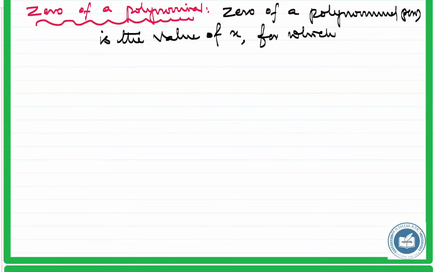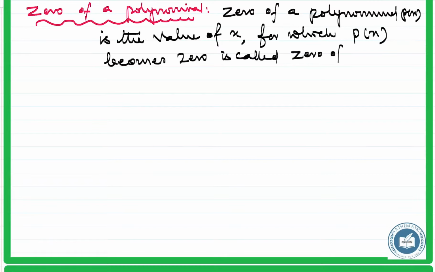That is called zero of a polynomial. Zero of a polynomial is the value of x for which the polynomial becomes 0 is called zero of a polynomial.